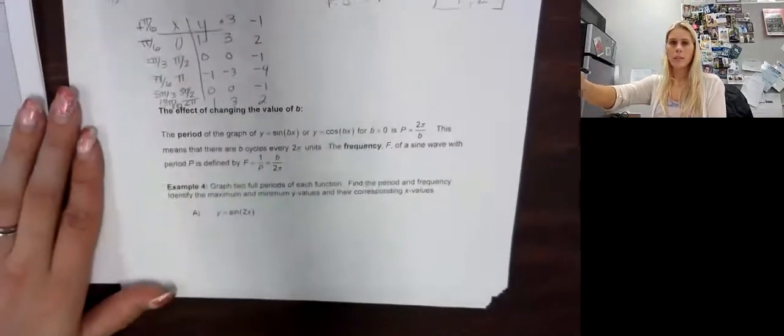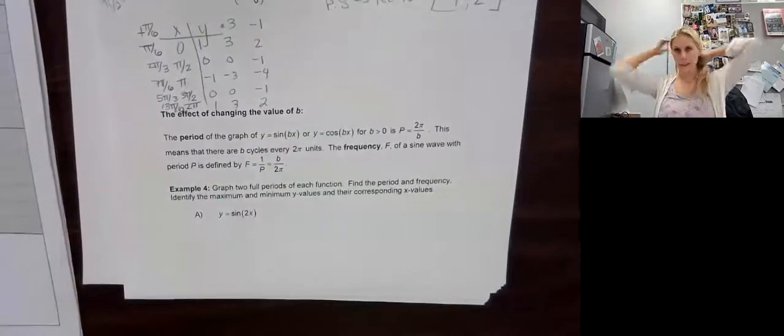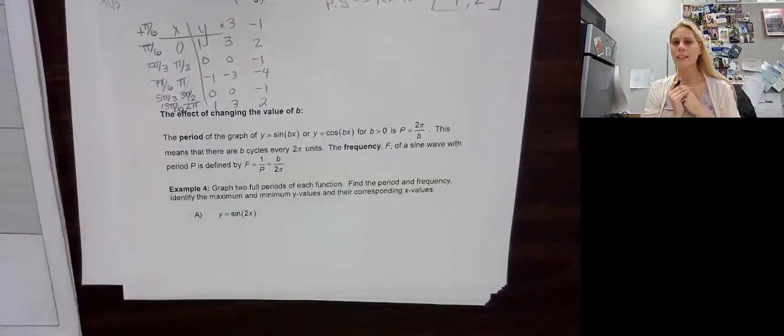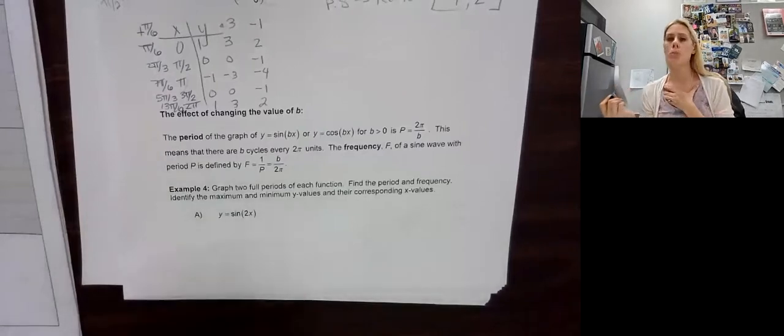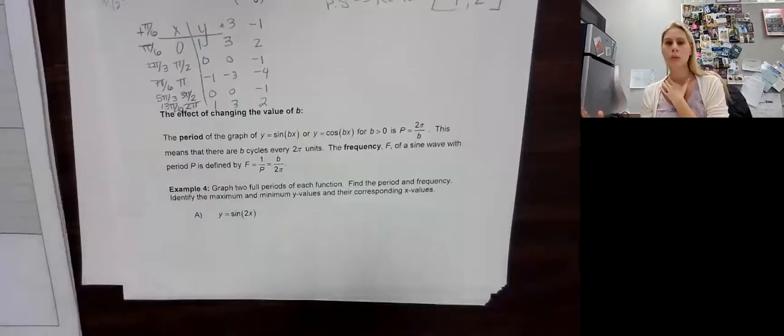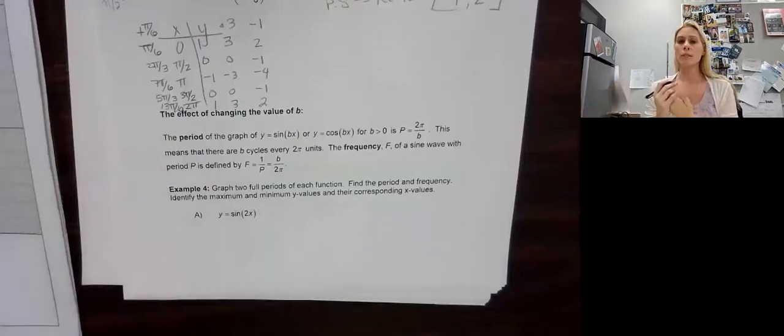All right, let's talk about that period and that horizontal squeeze or stretch. That's what's happening with the period, and that has to do with the b value, the coefficient in front of x. The period comes from 2 pi divided by the value of b. This means that there are b cycles every 2 pi units, which we also talk about as frequency, which is defined by our period.